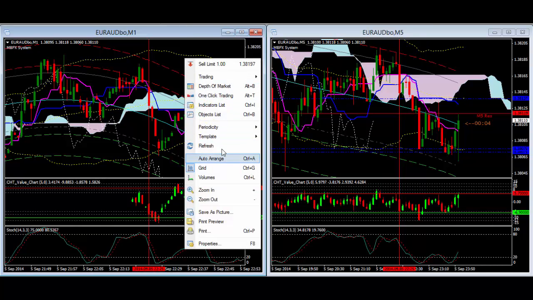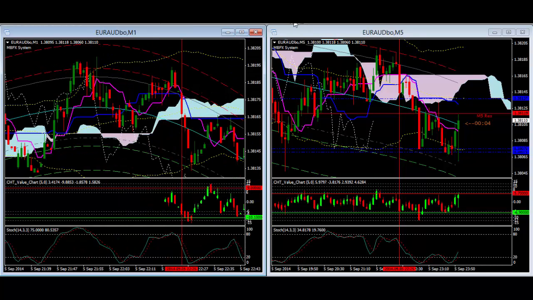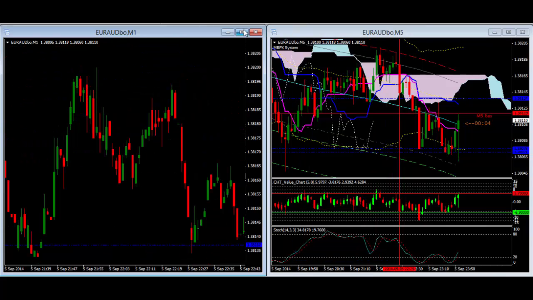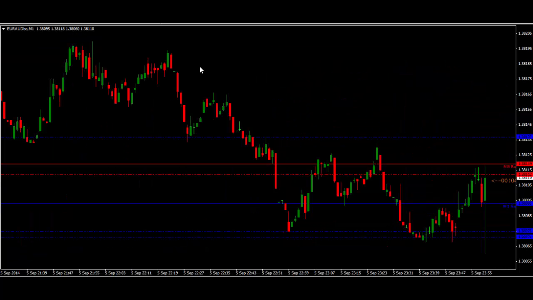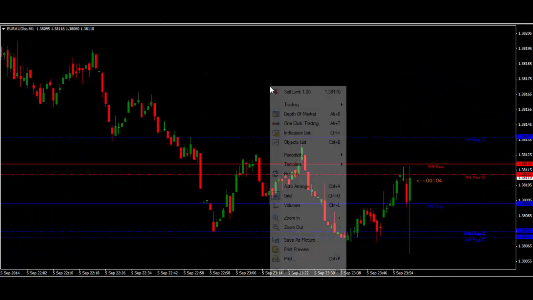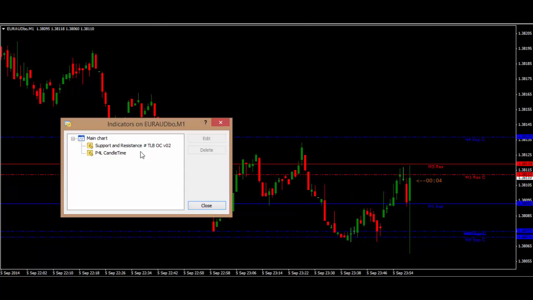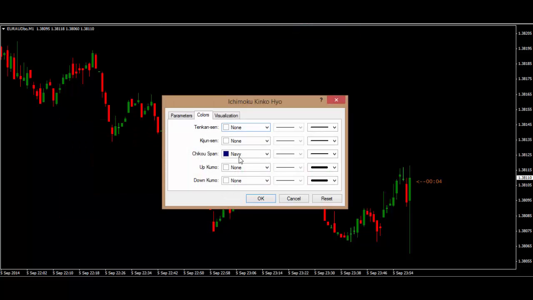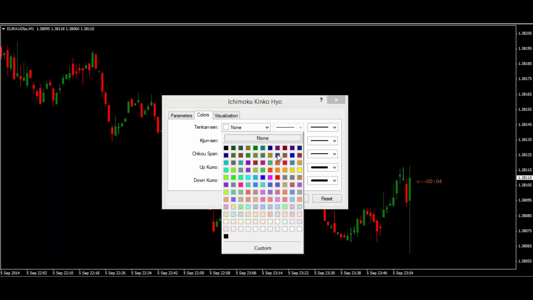Let's put my standard on this. Let me make it big, and let me remove the support and resistance. Let me put only Ichimoku with nothing else but lines.